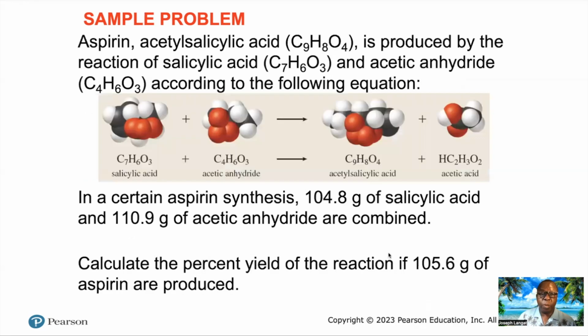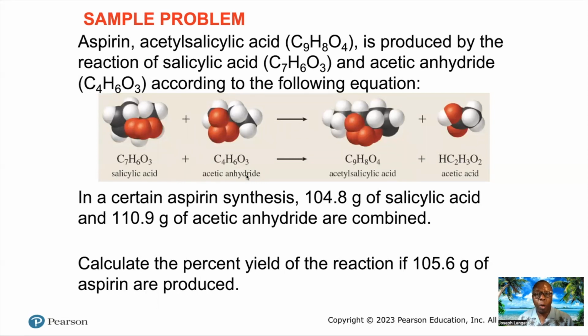It's based on, you see carbon here, 4 plus 7 is 11. So 9 plus 2 is 11. In other words, the equation is balanced. Let's see hydrogen. 6 plus 6 is 12. So 8 plus 4 is 12.